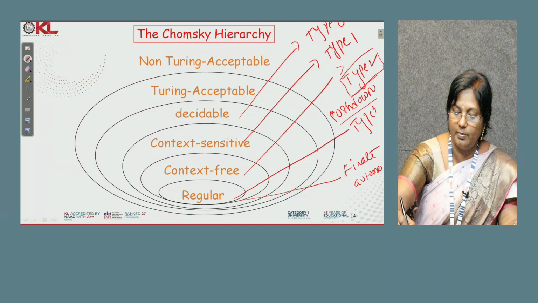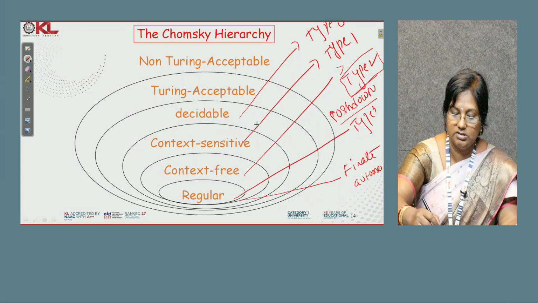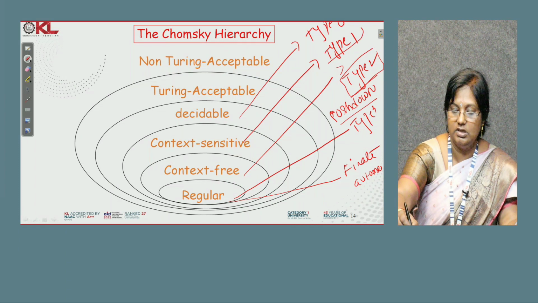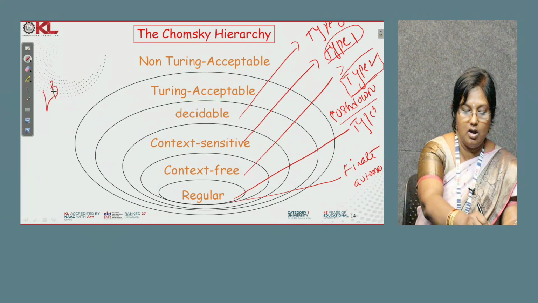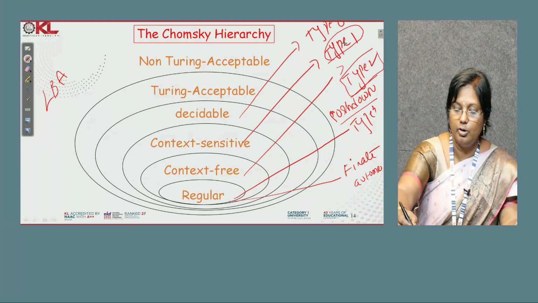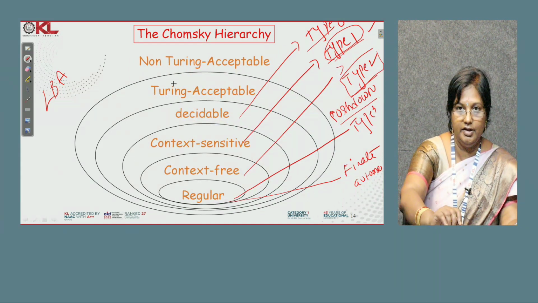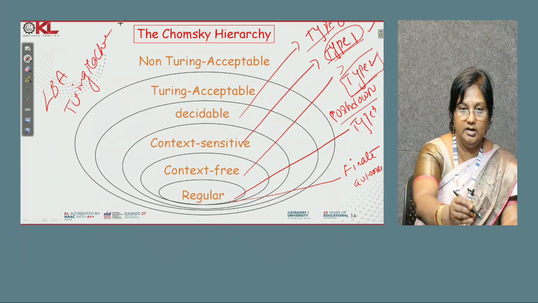This push down automata is used to accept the type 2 grammars. And next, type 1 grammars. These type 1 grammars are context sensitive grammars, and we are going to discuss linear bound automata, which come under type 1 grammar. And type 0 grammars are unrestricted grammars. There are no restrictions. Those are Turing machines. Turing machines come for unrestricted grammars.